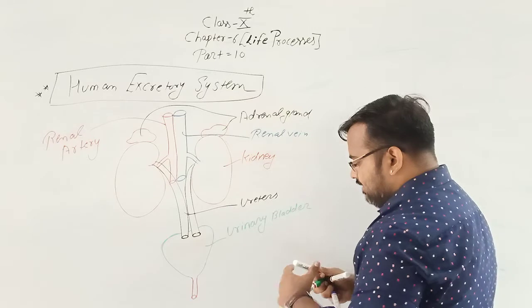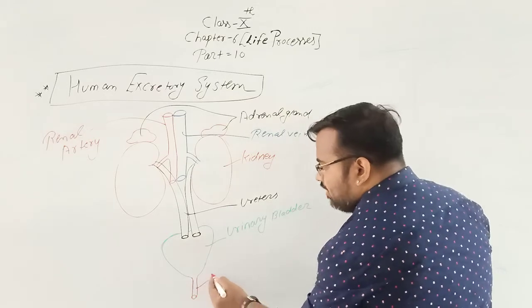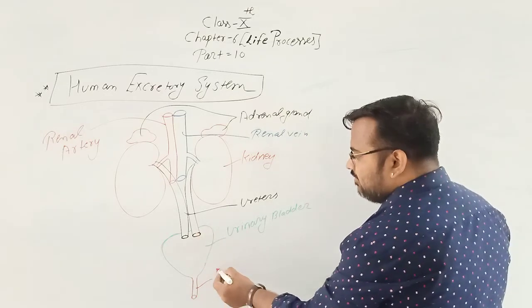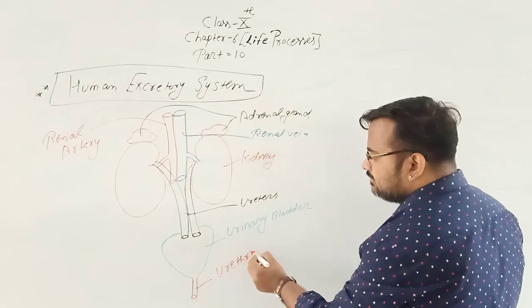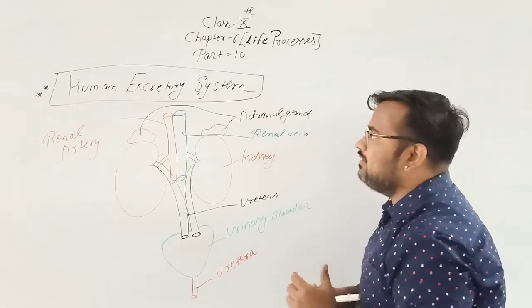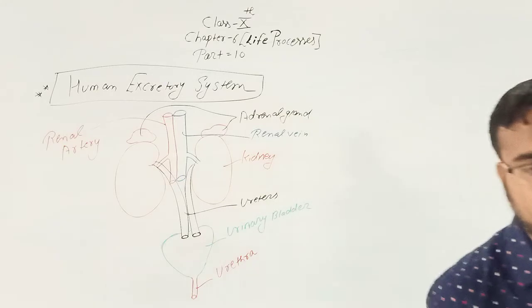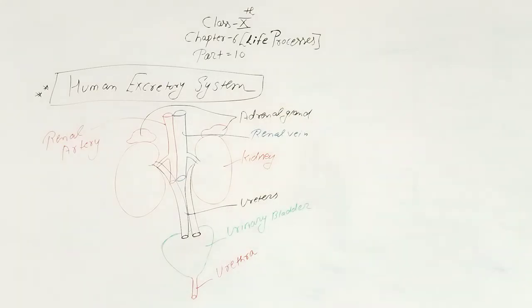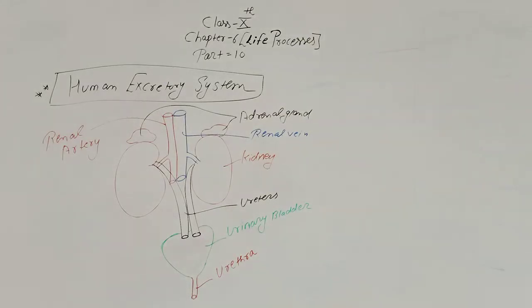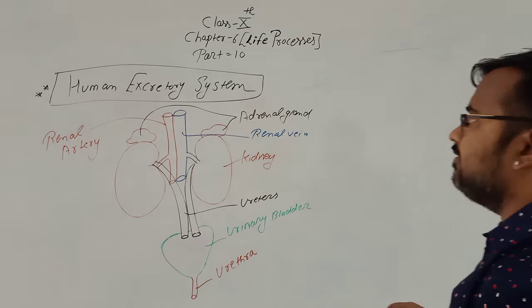And finally, the tube which opens from the urinary bladder is known as urethra. Let me see the diagram. Is it visible or not? Yes, it is clearly visible.